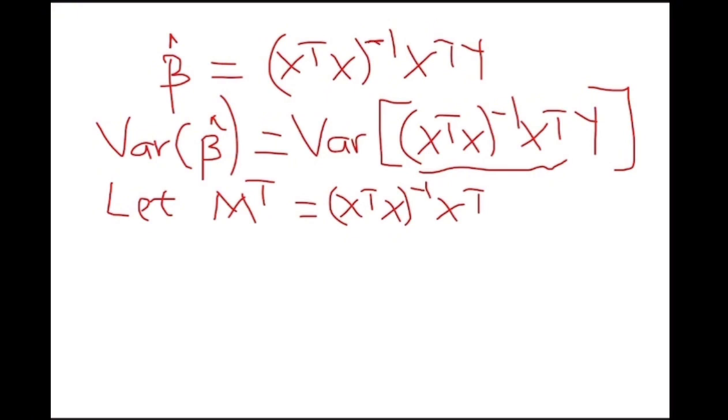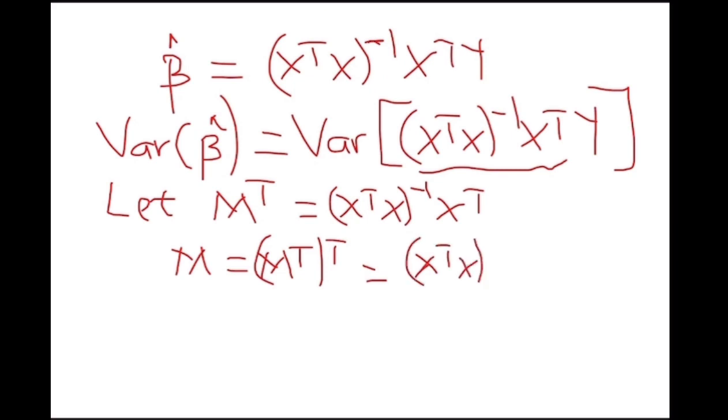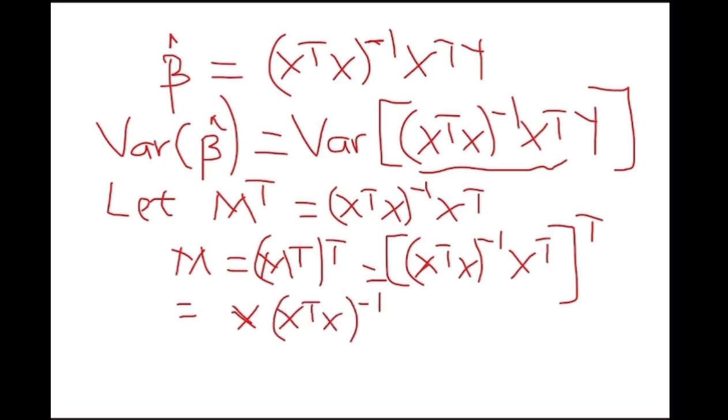Now, what is going to be M? If I want to find my M, of course, it's going to be the transpose of M transpose. So I'm going to take the transpose of this expression. The inverse is going to change the position, but transpose doesn't act on the inverse other than changing the position.